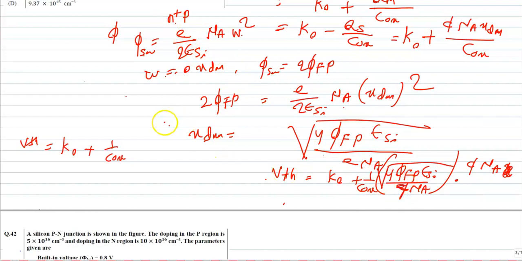So you will have root over 4 phi Fp epsilon silicon, then Q, then Na.